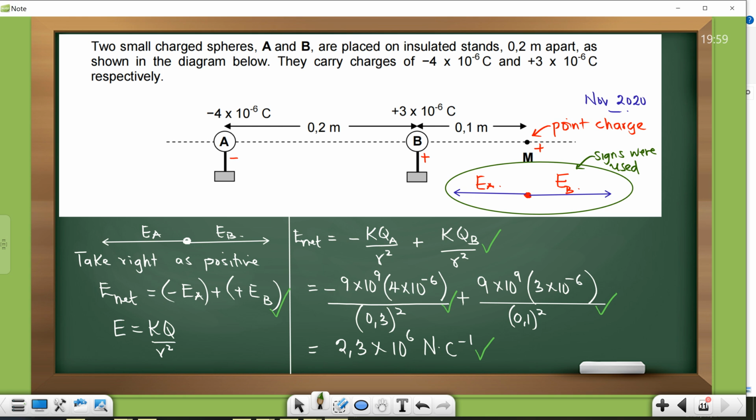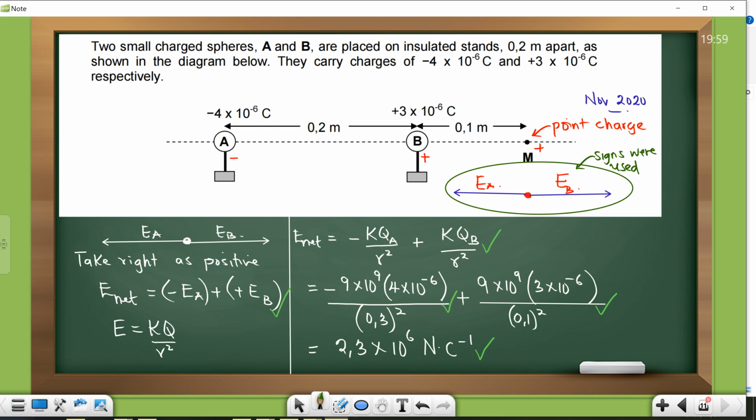Can I take more questions? Yes, Limo? So, sir, if they didn't say that we should calculate magnitudes, then our answer would be 2.3 times 10 to the power 6 newtons per coulomb to the right.